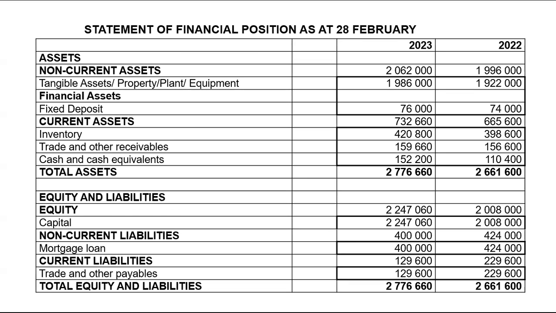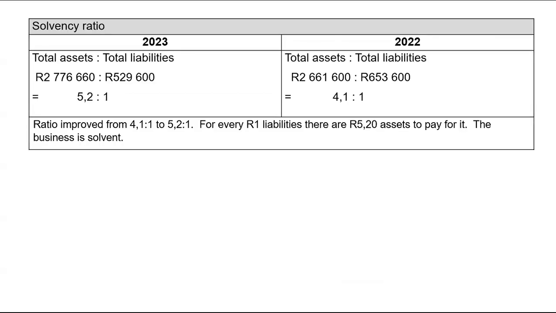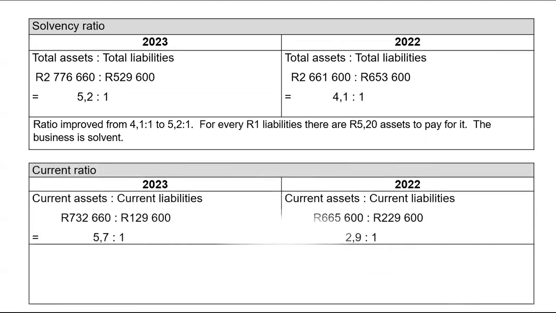And for last year, it will be 398,600 is to 229,600. And that's how you will calculate your current ratio. It is your current assets to your current liabilities. And when you calculate it for the current year, it will be 5,7 is to 1. And last year, it was 2,9 is to 1.